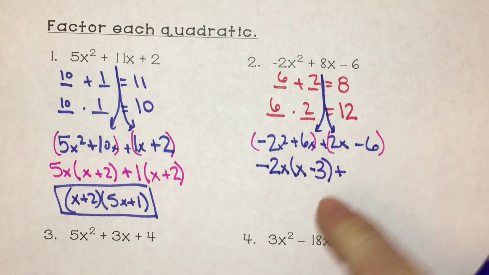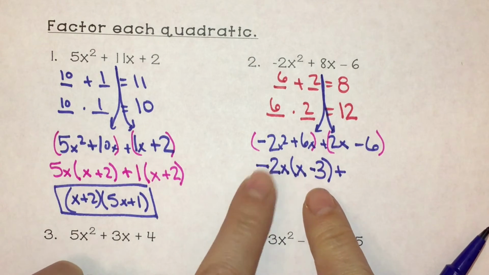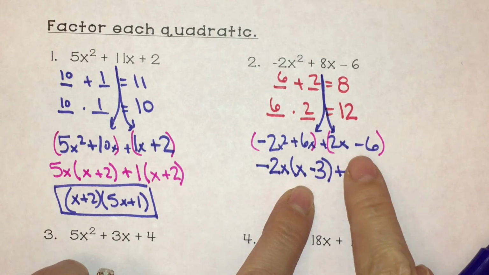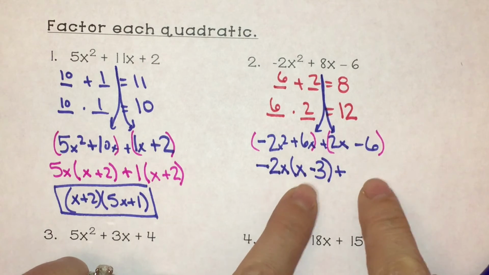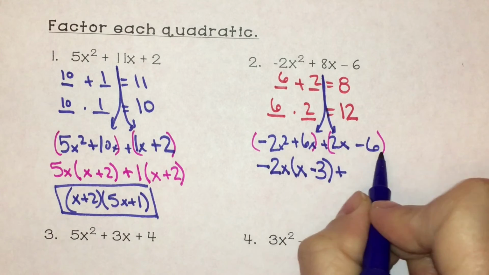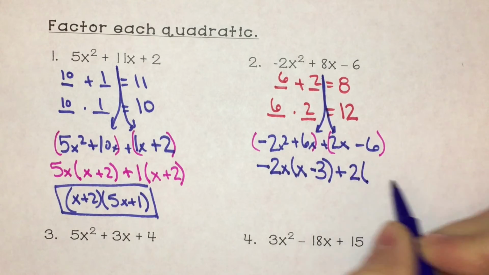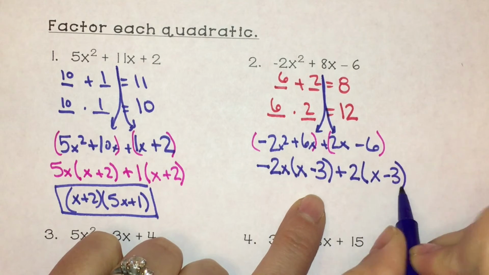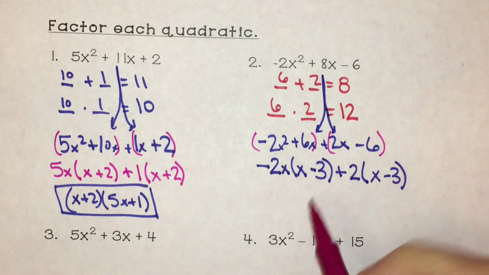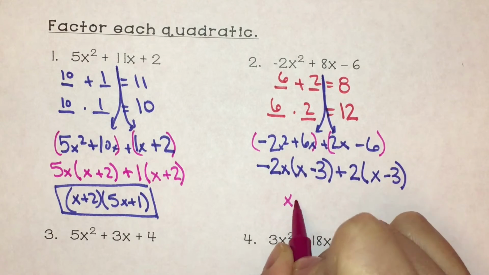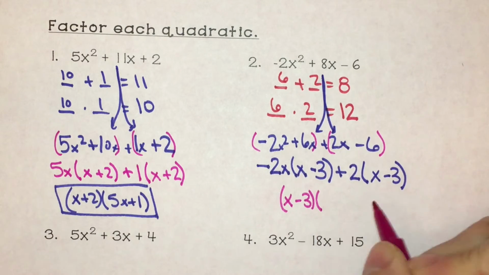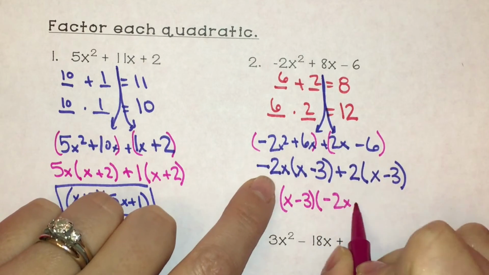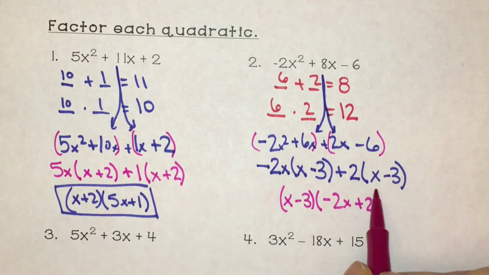Plus, well, it also helps me out factoring out that negative over here, because now I can get them to be the same, both x minus 3. Over here I just have to factor out a positive 2, and I'm left with x minus 3. So my new greatest common factor is x minus 3, it's in both, and it's multiplied by what's left over, negative 2x plus 2.